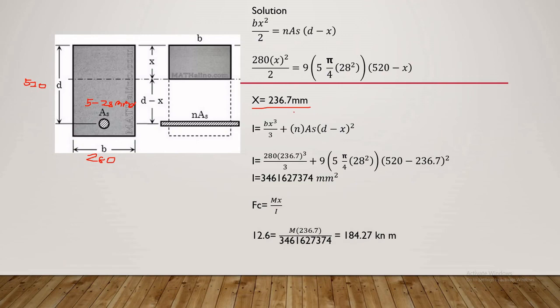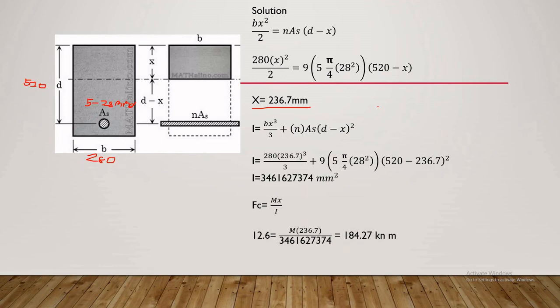Okay, so next thing to do is find the moment of inertia. So, in order to find the moment of inertia dun sa ating section, the formula for this is bx raised to 3 over 3 plus n multiplied by As multiplied by d minus x raised to 2.